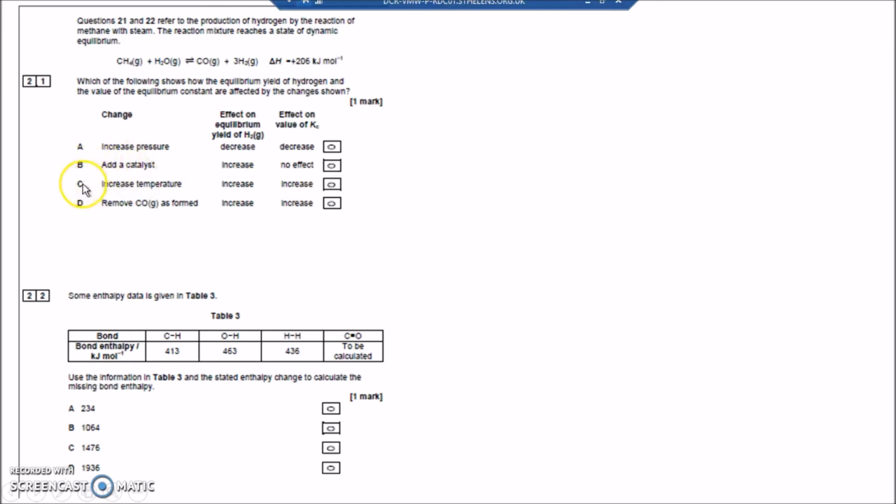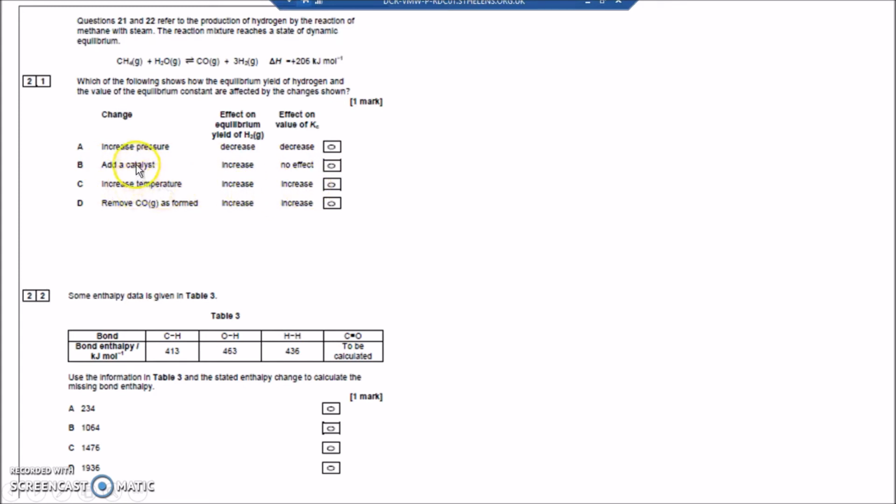So either B or C are correct. Increasing the temperature could very possibly increase the Kc. This one says no effect on Kc, so maybe the catalyst could do that. Only temperature would change Kc, so no effect is plausible. So it's either B or C.